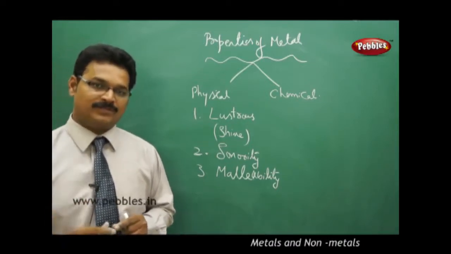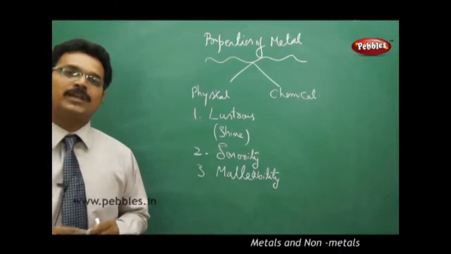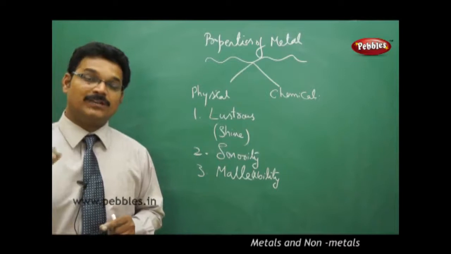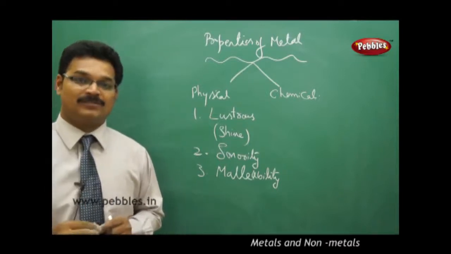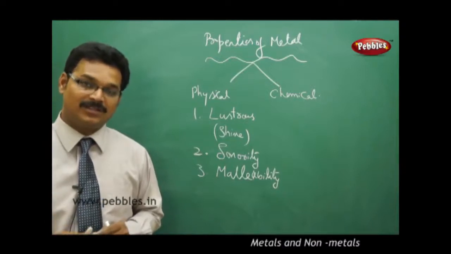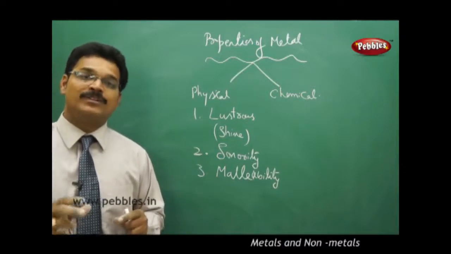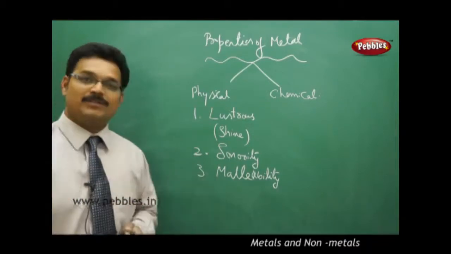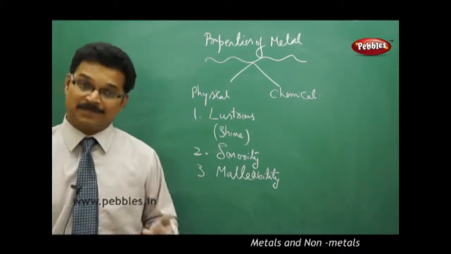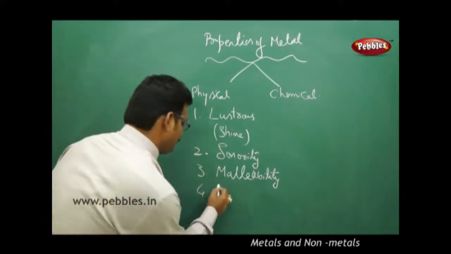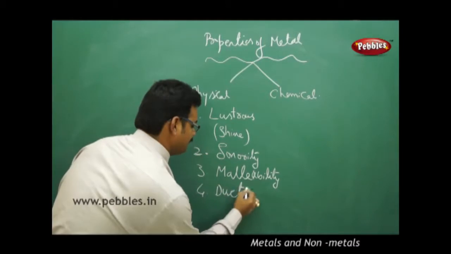If you want to make a shape using iron, he will heat the iron material to a high temperature and then mold it into different shapes. All this is possible because of malleability. The next physical property of metals is ductility.